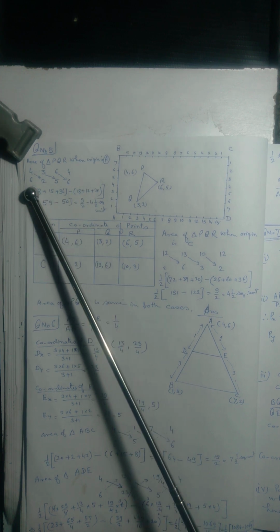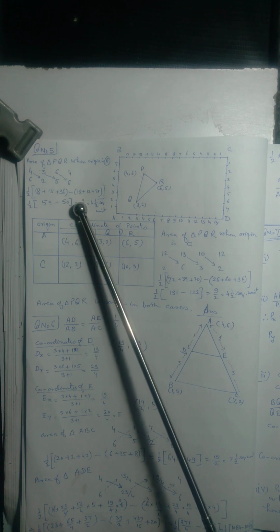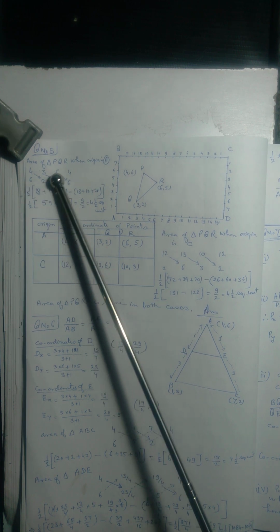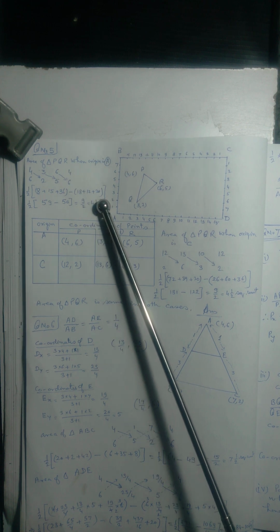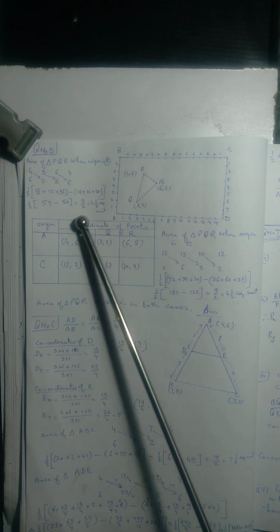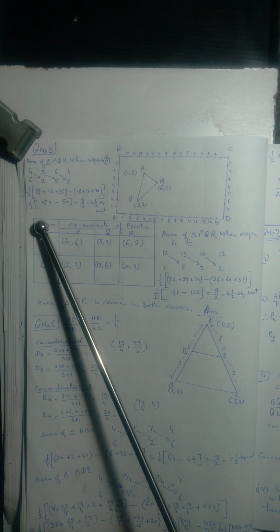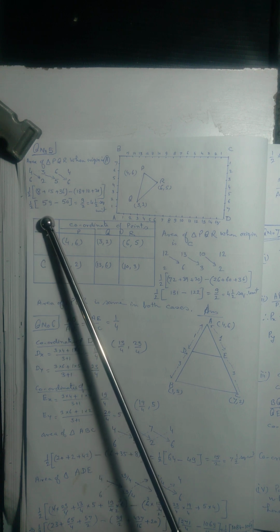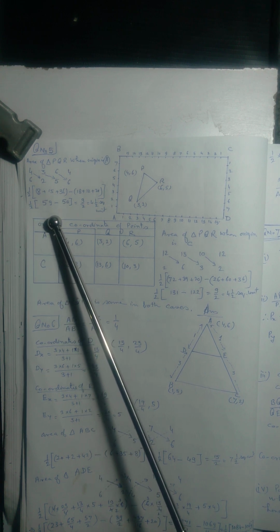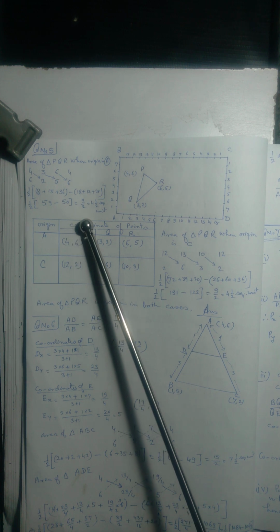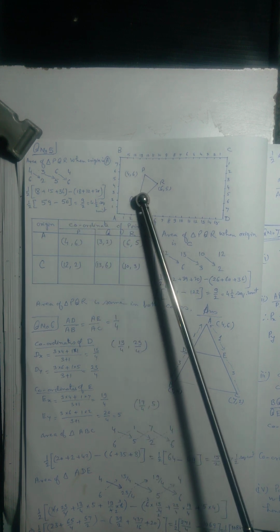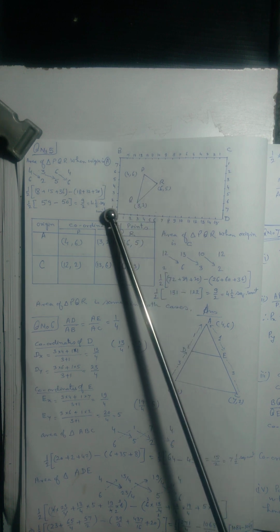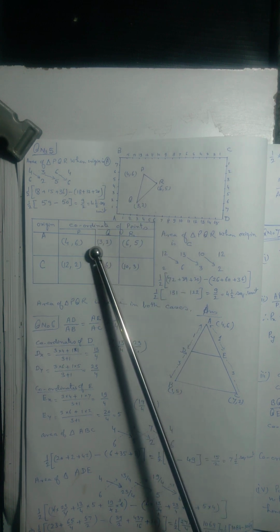You have to proceed: 6 into 3 is 18, 2 into 6 is 12, 5 into 4 is 20. So bracket closed, and again the square bracket is there, 1 by 2, and again solve it, 59 minus 50, that is equal to 9 by 2. So the area of the triangle will be 9 by 2 or 4.5 square units.